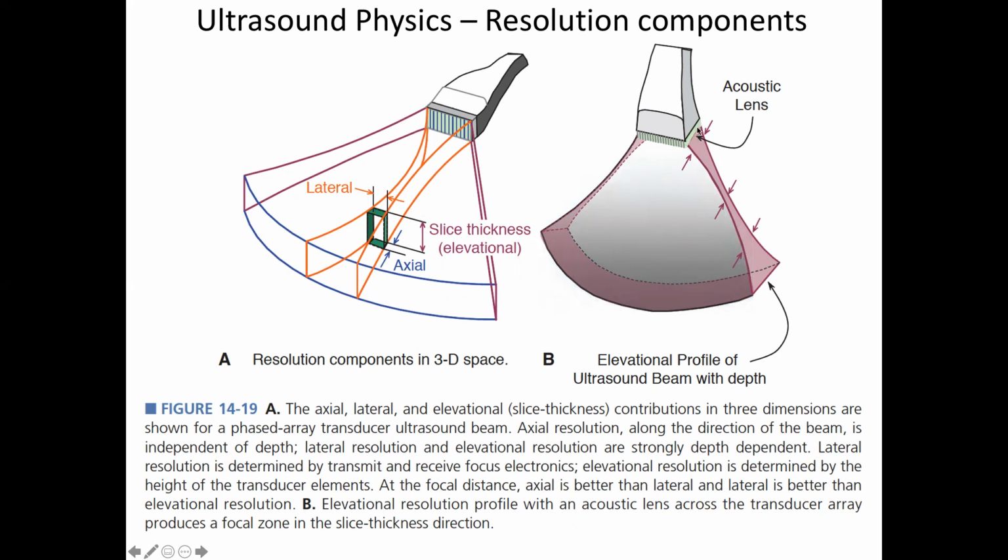The dimension of the crystal in the elevation or slice dimension will give you a different sort of profile here and a different optimal location for the thinnest slice that you're going to get.